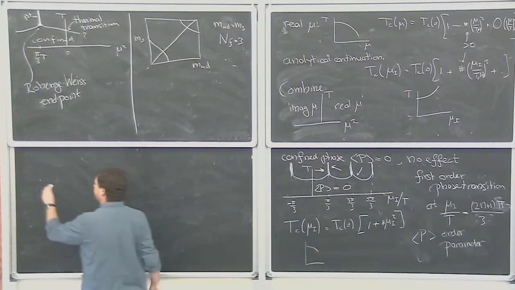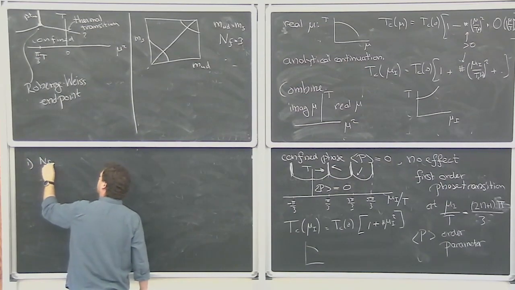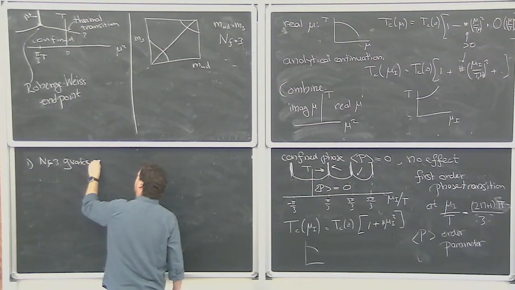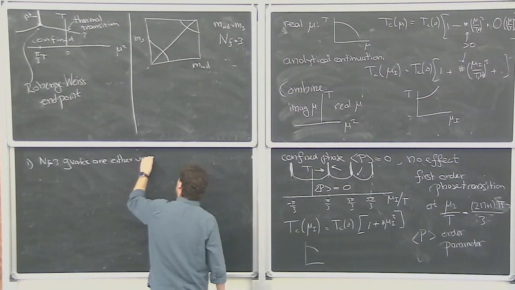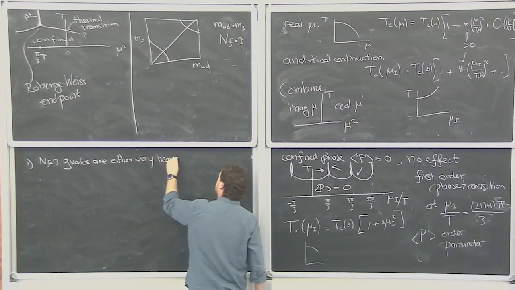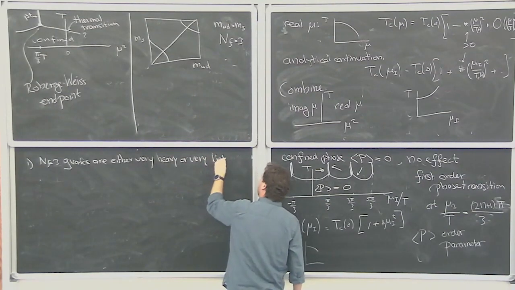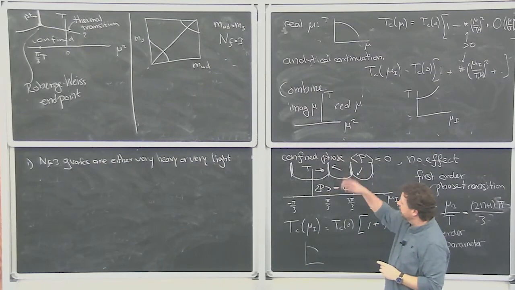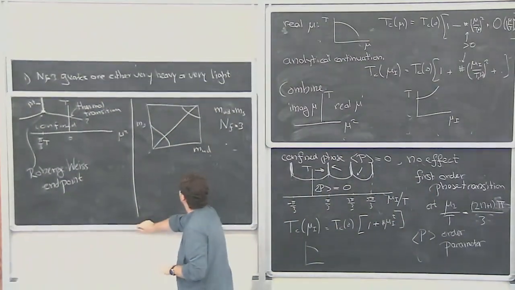So the first possibility is, NF equals 3 quarks either very heavy or very light. If that's the case, then I'm in the region of the first order transition. So let me put that here.